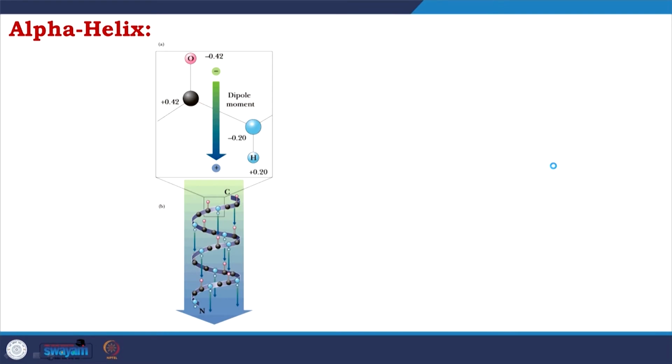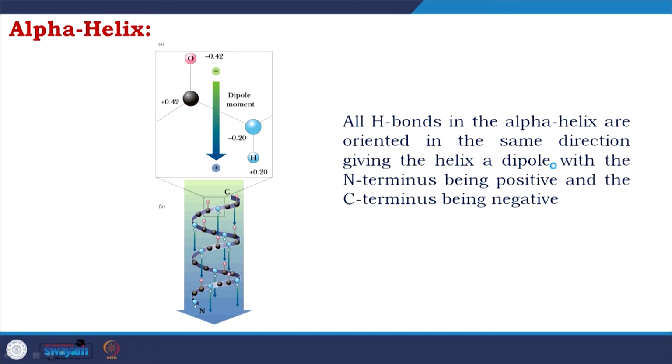If you look at alpha helices, they have a directional motif. All the hydrogen bonds in the alpha helix are oriented in the same direction, giving the helix a dipole with the N terminus being positive and C terminus being negative.